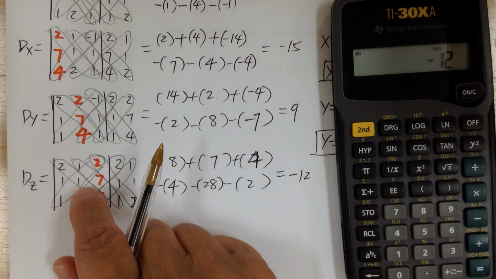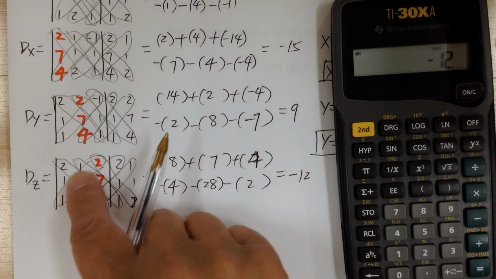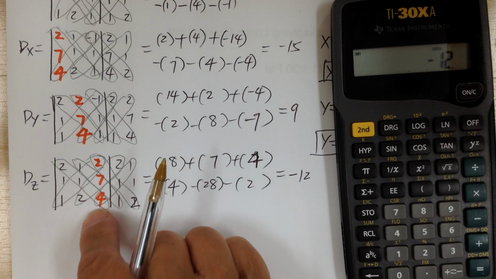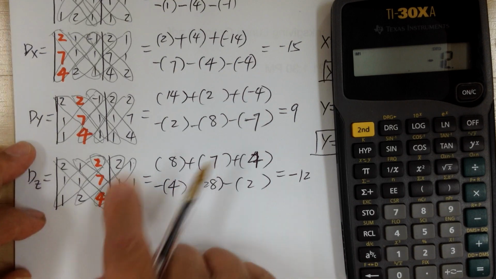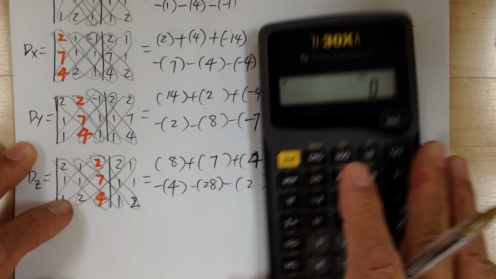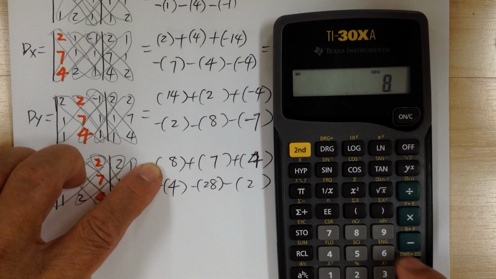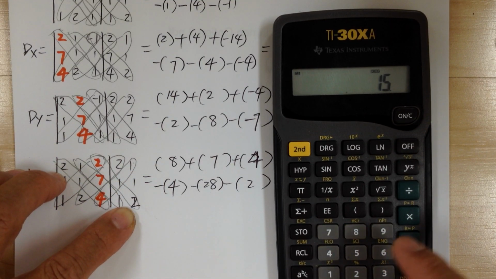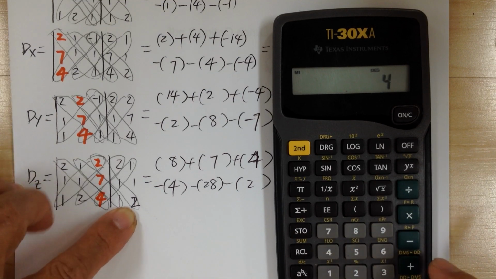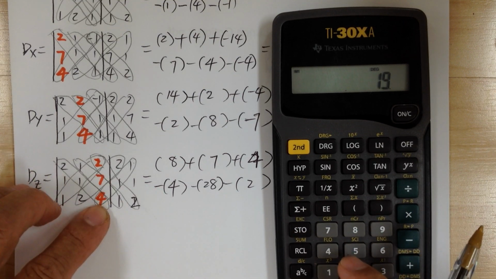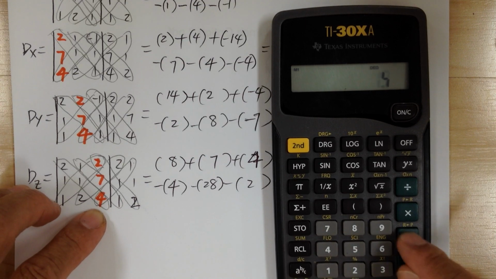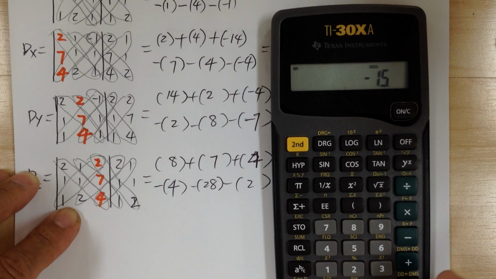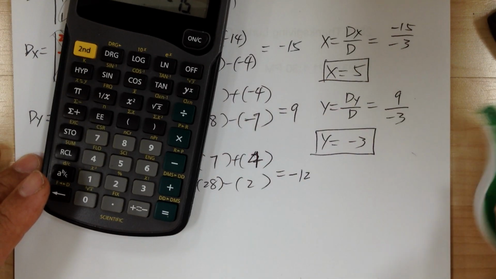Okay, I'm double checking to see where my mistake is. So 8 plus 7 plus 4 minus 4 minus 28 minus 2. Oh, there you go. Okay. So it's correct now.